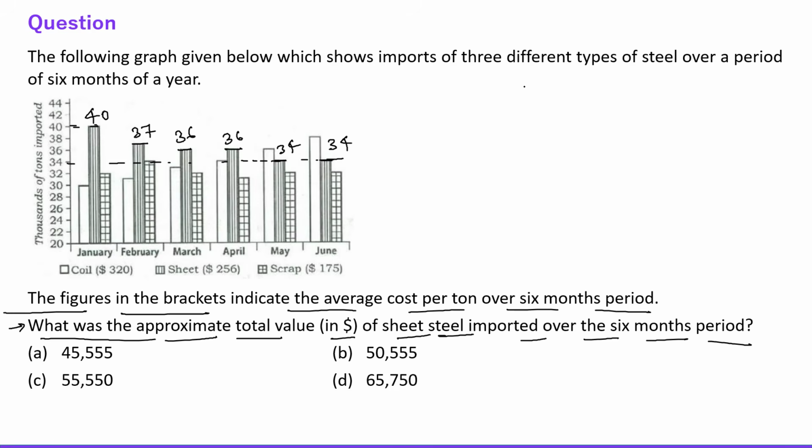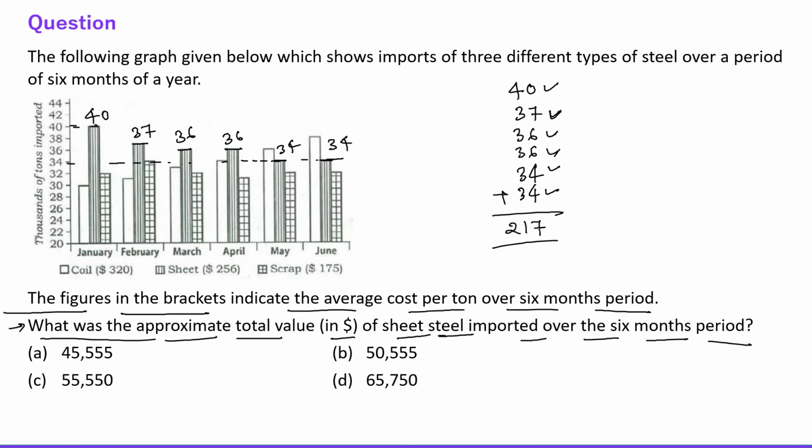So for sheet, for the first 6 months, these are the values. Just add all of them. So this is 70, this is also 70, 70, 70, 140. 140 and 40 is 180, 180 and 30 it is 210, then 217. The total value is 217.